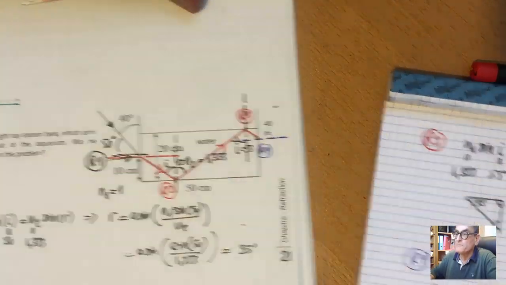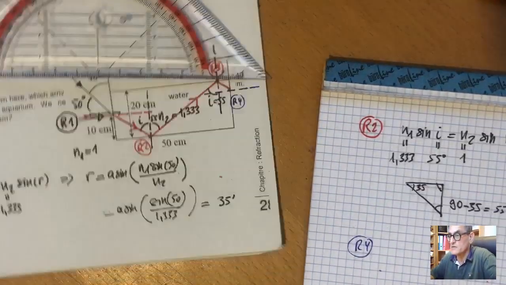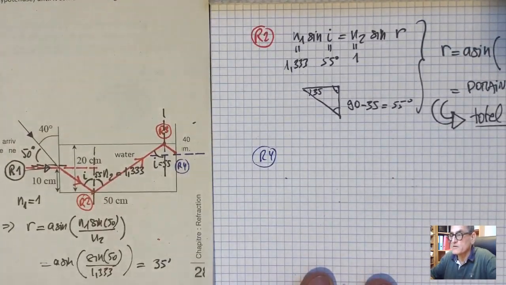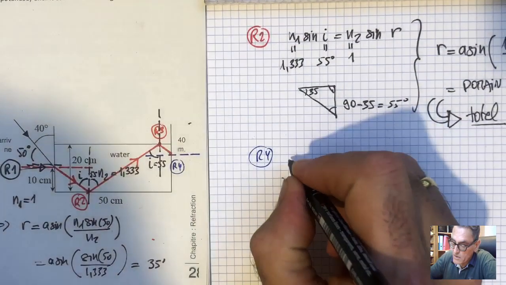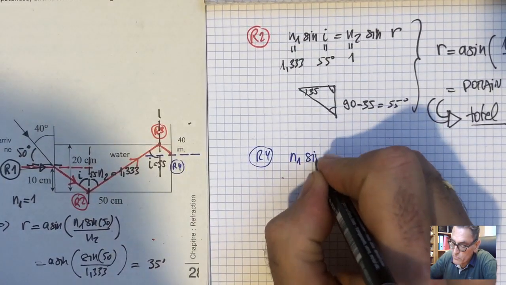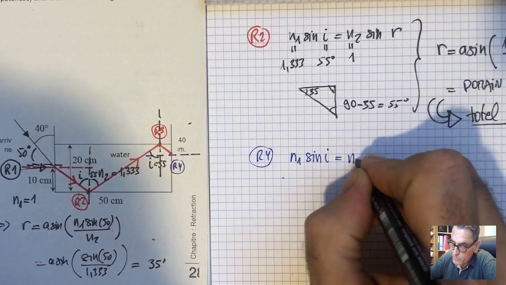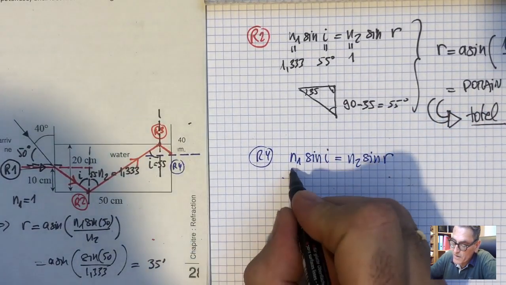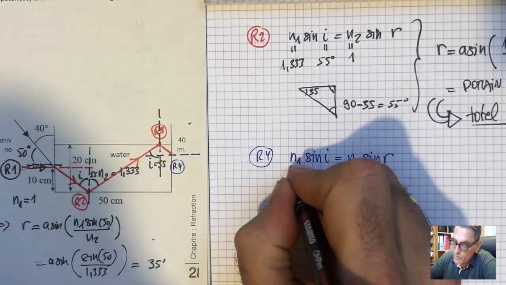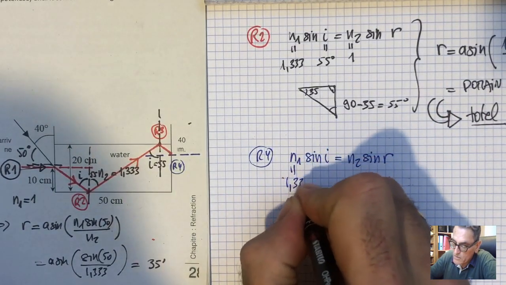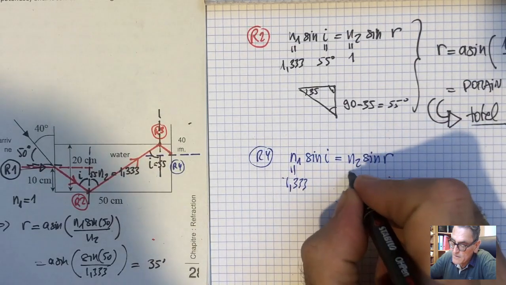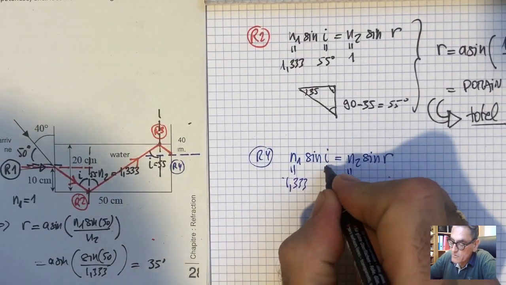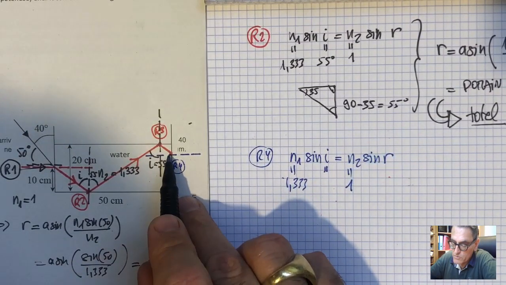So for R4, I need to write again N1 sine I is equal to N2 sine R. Okay, N1 is what? Well, we are in water, so N1 is 1.333. N2 is air, it's 1. The angle of incidence is how much? Now we need to compute this angle.